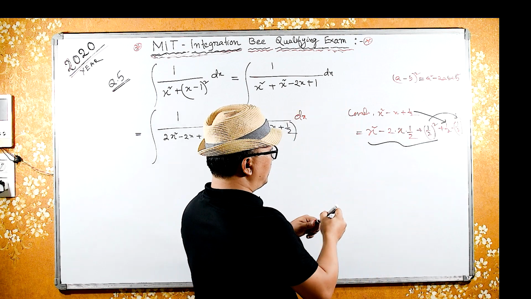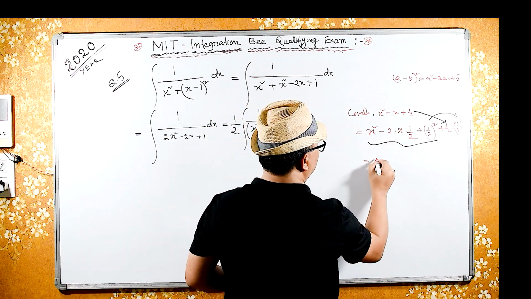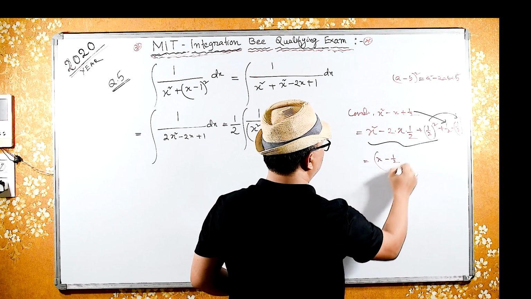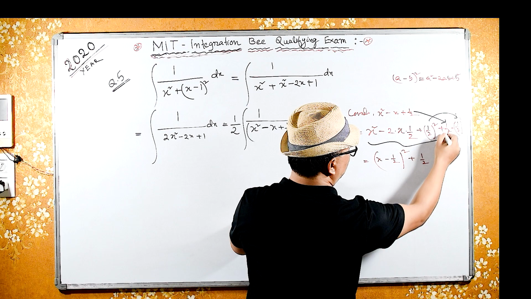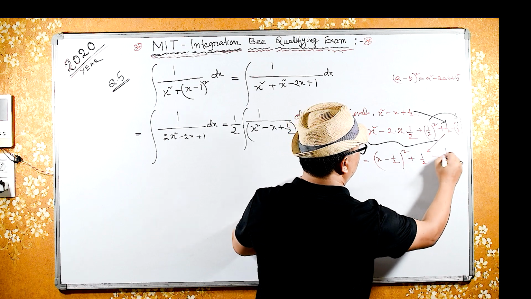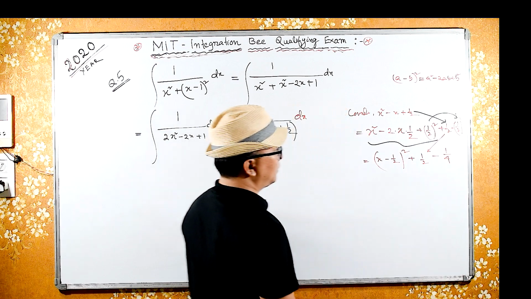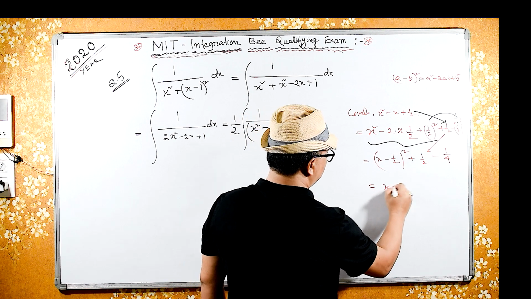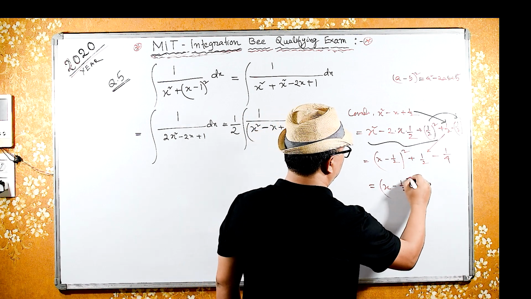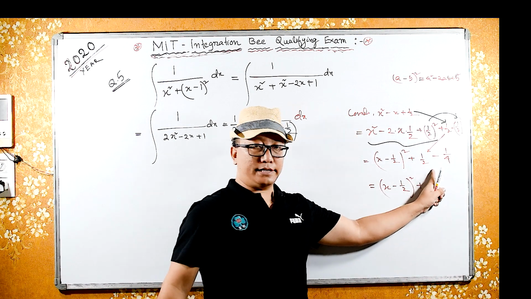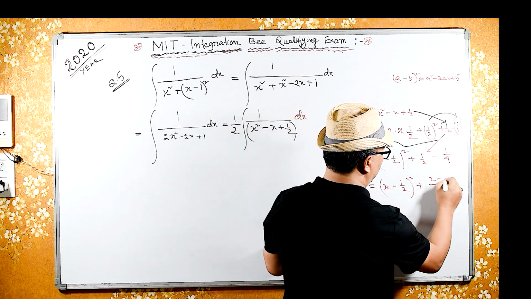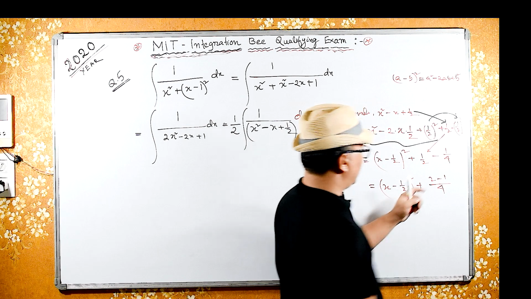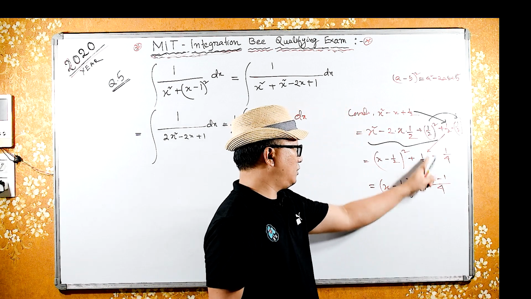But from here to here is x minus 1 by 2 the whole square, and plus half over here minus 1 by 2 the whole square is 4. And this is the same as x minus half the whole square plus, if you take LCM over here, you'll get 4, 2 minus 1 here. Here 2 ones are 2.